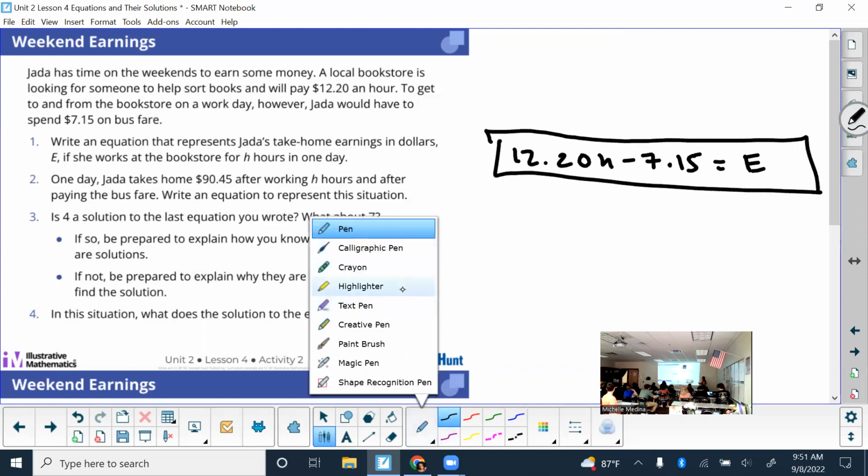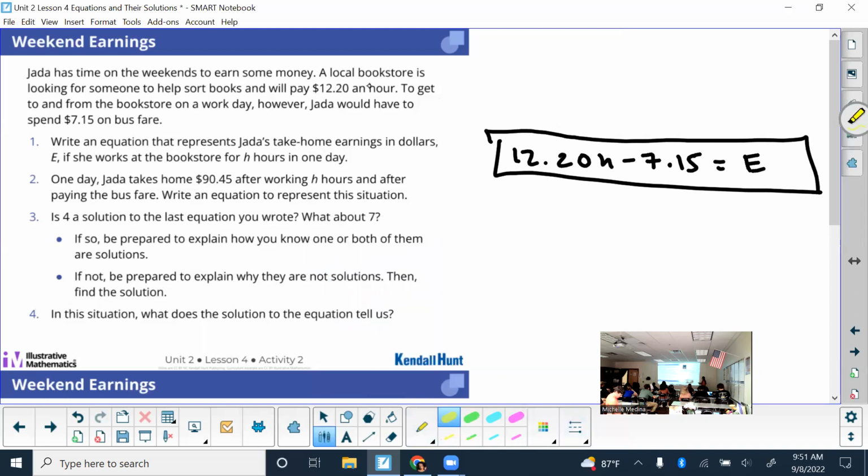Know that it makes sense because how much would Jada make in 2 hours? $24.40. How much would she make in 10 hours? $122. So what operation are you having to do?